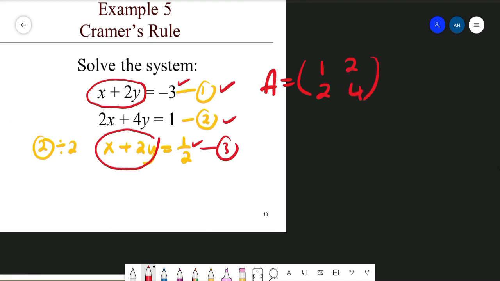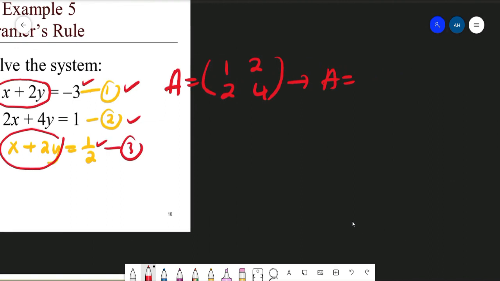The determinant of A is equal to 1 times 4 minus 2 times 2, which is 4 minus 4, equal to 0. But we already know that this system of linear equations, since the two lines are parallel, has no solution.